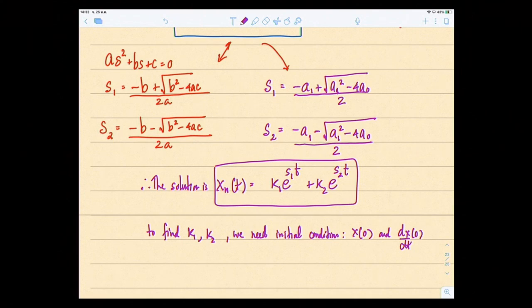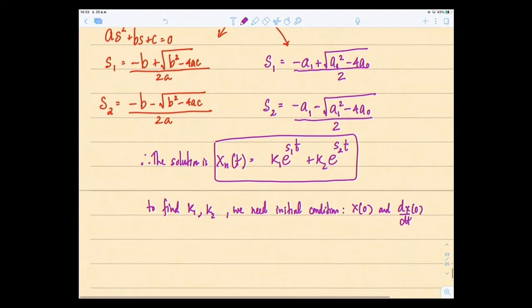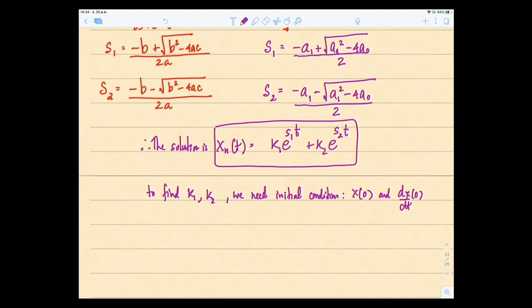Okay, now let's go back to s1 and s2. What about s1 and s2? It seems that the values of s1 and s2 can be different.